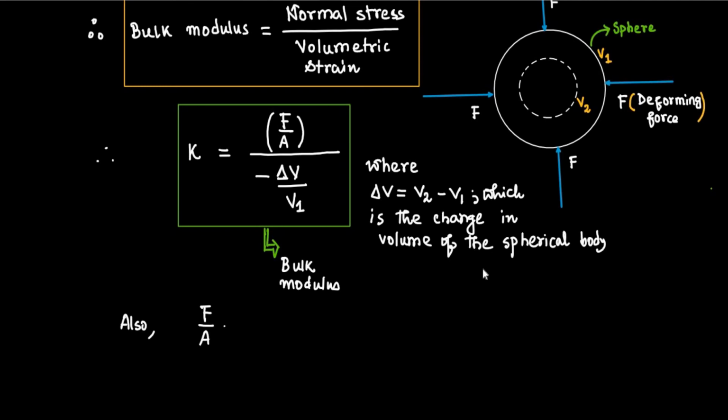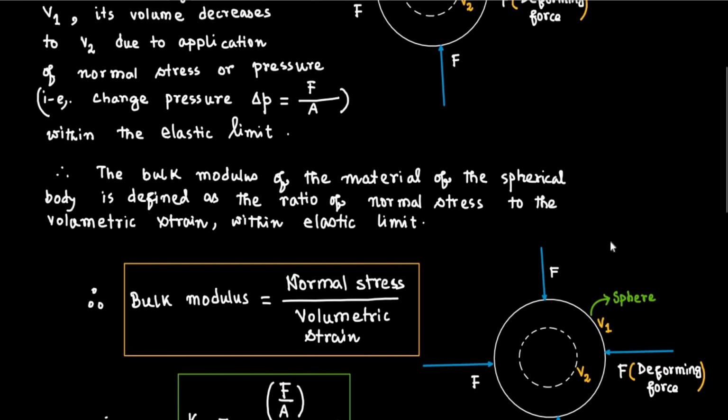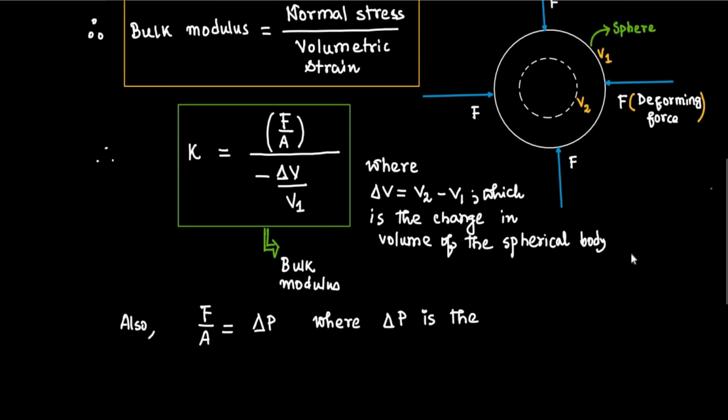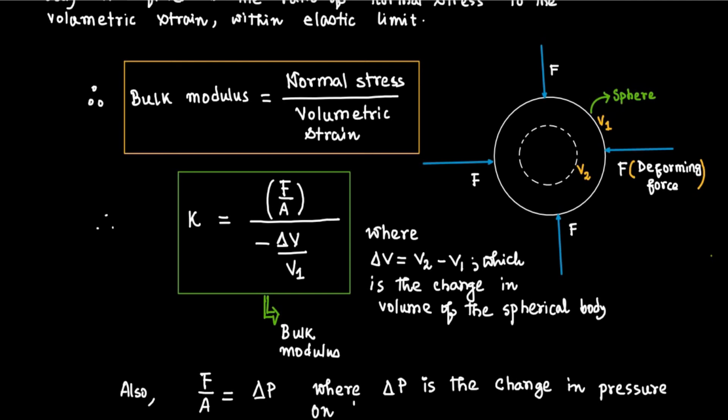Also, F by A is the normal stress, which is equal to delta P, where delta P is the change in pressure on the spherical body.